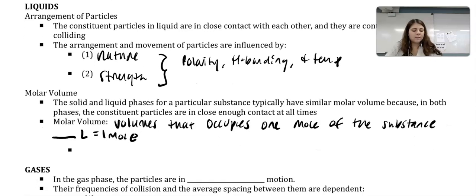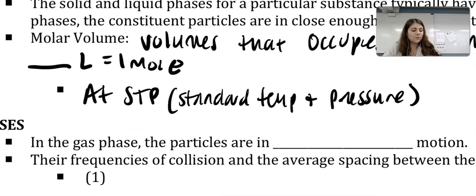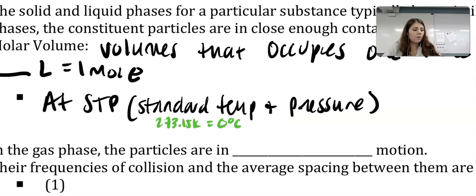Now, it's been a minute since we've talked about gases, but at STP, which is standard temperature and pressure, I should probably just quickly put what it means. Standard temp will be 273.15 Kelvin, or you could say 0 degrees Celsius, while pressure will be 1 atm.